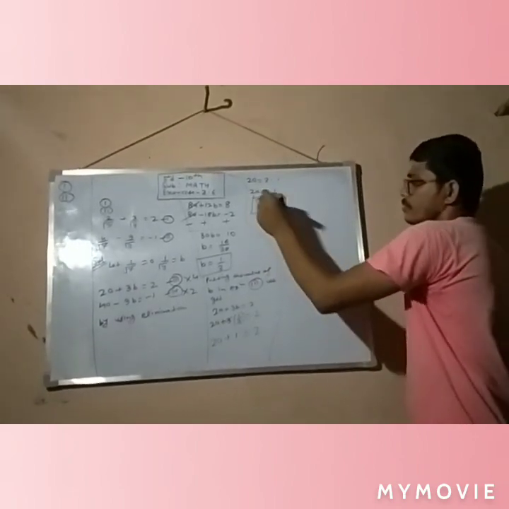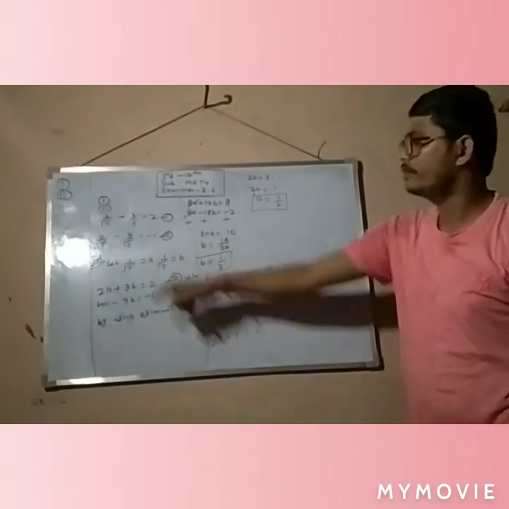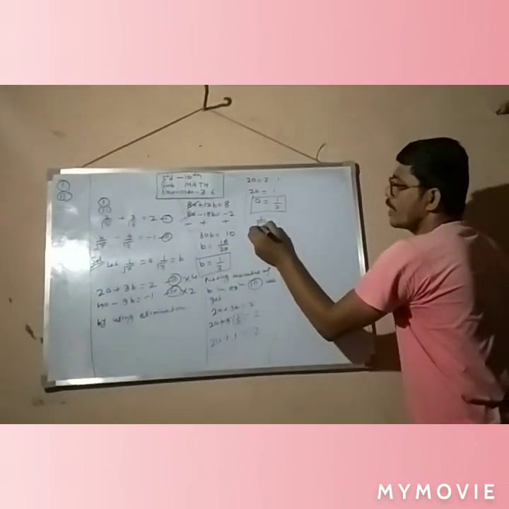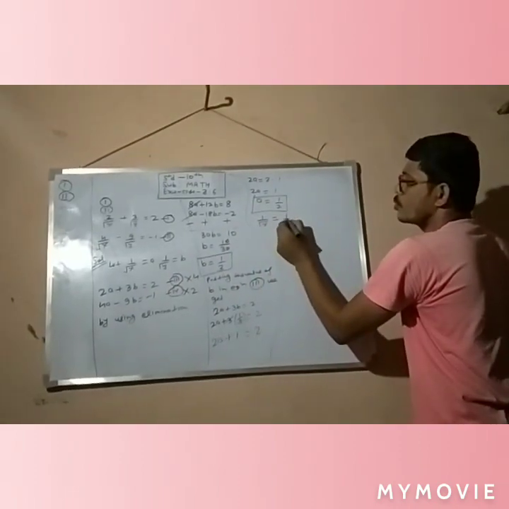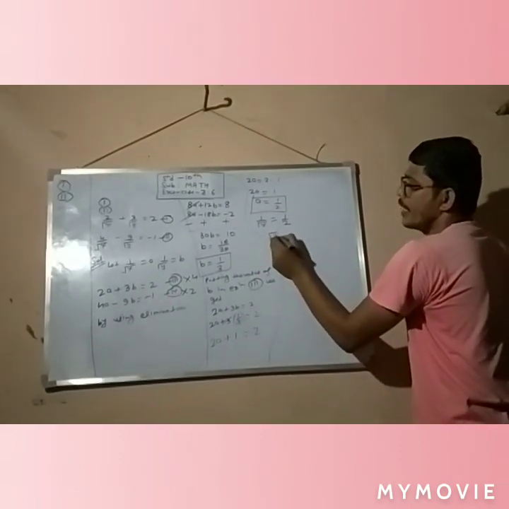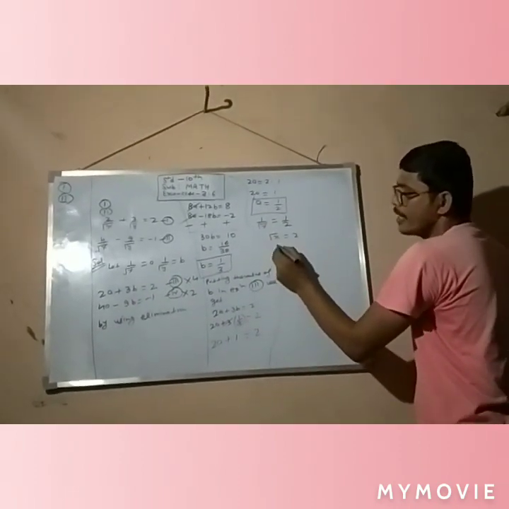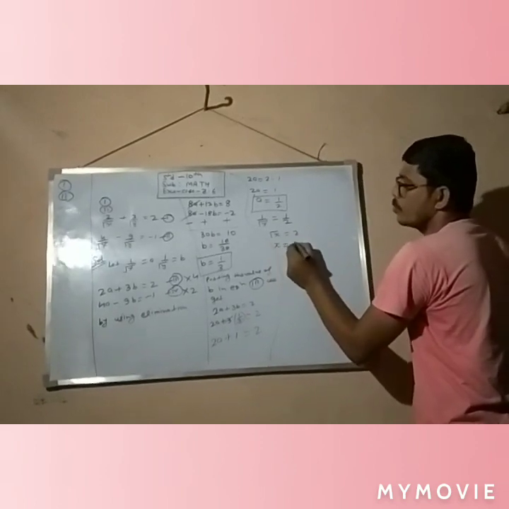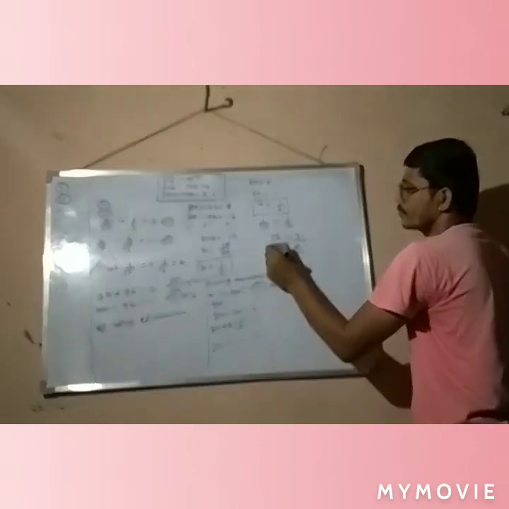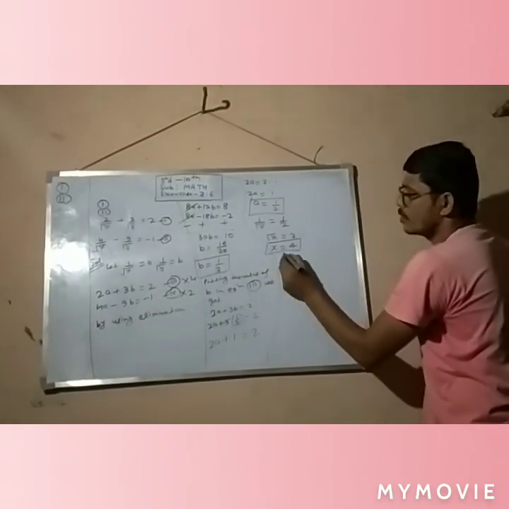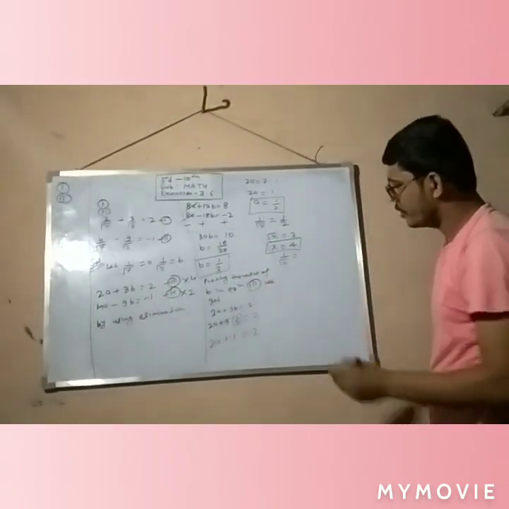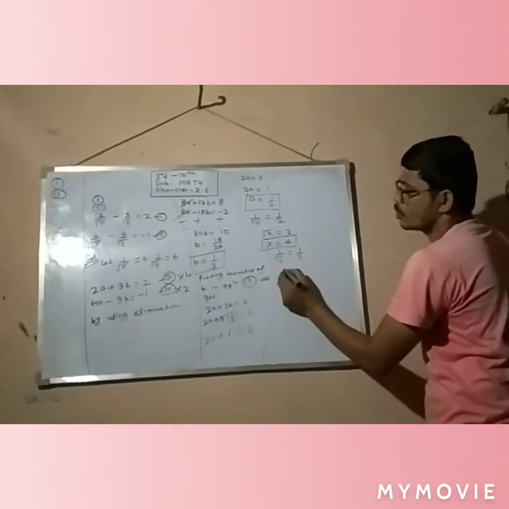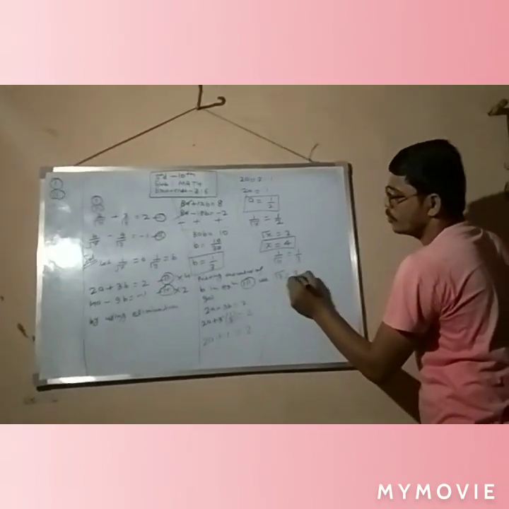Now put here 1 upon root x is equal to a, value 1 by 2. Now cross multiply, x is equal to 2. Now squaring both sides, x is equal to 4. Also put 1 upon root y is equal to b, value 1 by 3. So cross multiply, y is equal to 3.